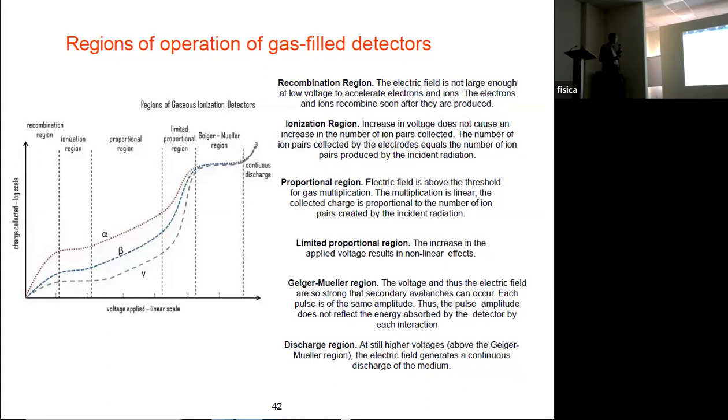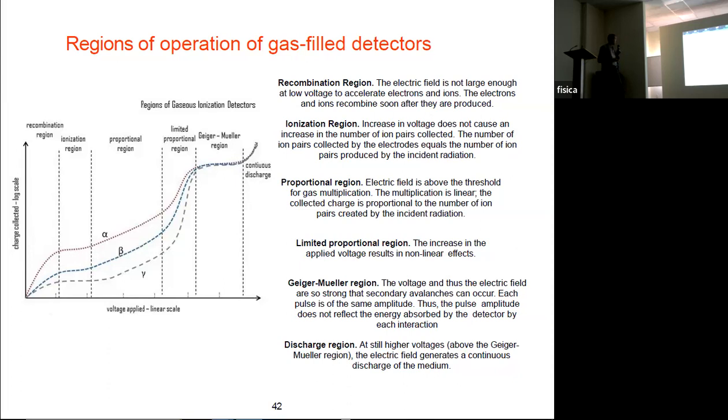The third region is called the proportional region. In this region work detectors which are called proportional counters. And despite the name, these detectors can measure the energy of the initial particle.